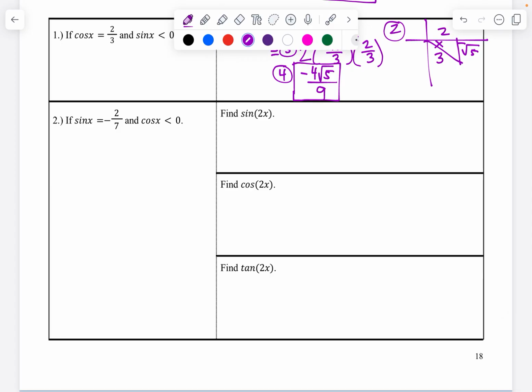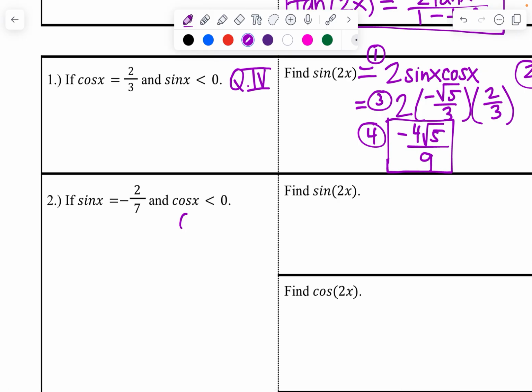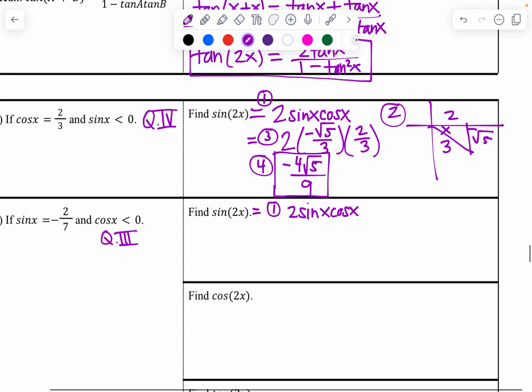All right, next one. So if the sine of x equals negative 2/7, and cosine is also negative, we must be down in quadrant 3 if they're both negative. So if we want to find sine of 2x, again, our formula is the sine of 2x equals 2 times the sine of x times the cosine of x.